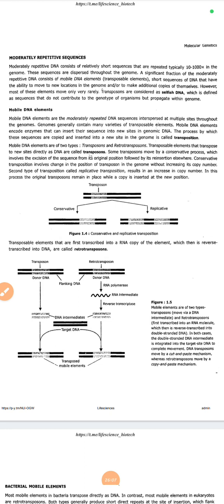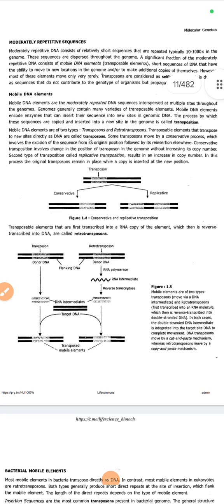A genome generally contains many varieties of transposable elements. Mobile DNA elements encode enzymes that can insert their sequences in new sites in the genomic DNA. They can copy-paste or cut-paste themselves in a new position, and this is known as transposition.